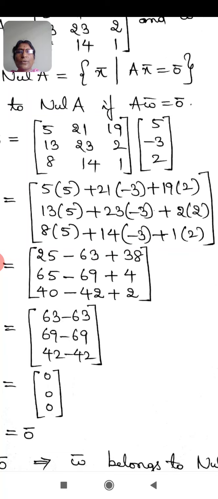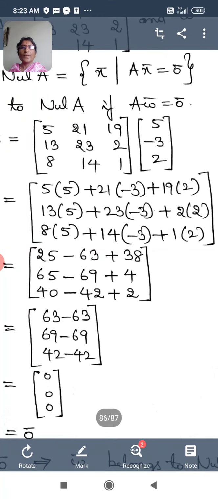The first element now becomes 25 minus 63 plus 38, the second element is 65 minus 69 plus 4, and the third element is 40 minus 42 plus 2. So 25 plus 38 gives you 63, minus 63.